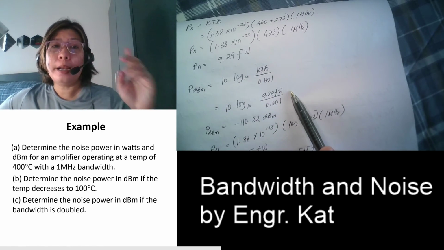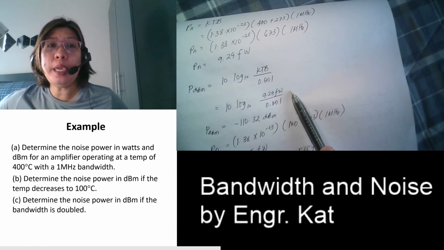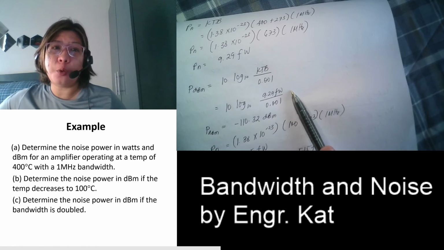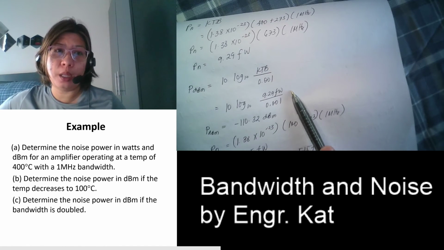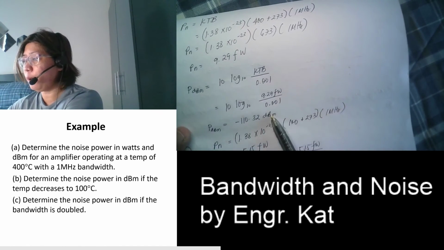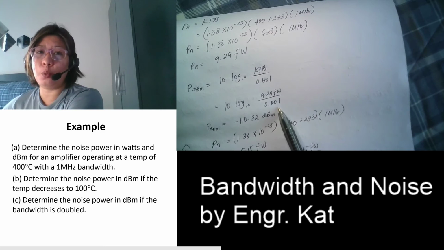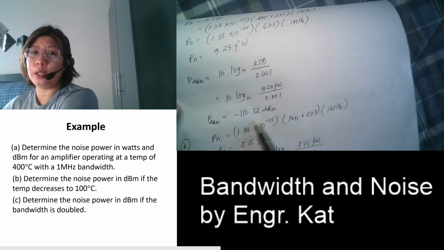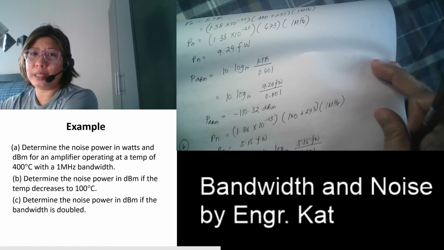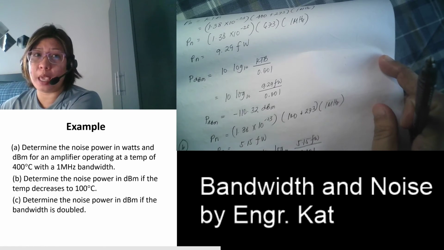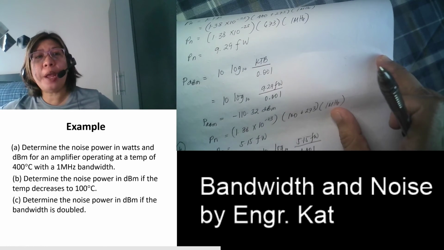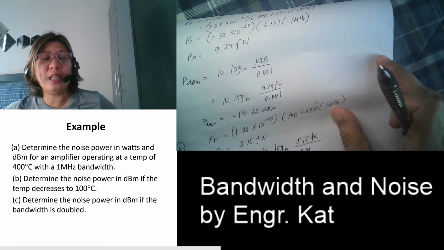Since you are using dBm, that means automatically we're going to make use of a reference value, an input, which is equivalent to 1 milliwatt. So in our denominator, we have 1 milliwatt here. So that is equivalent to negative 110.32 dBm.